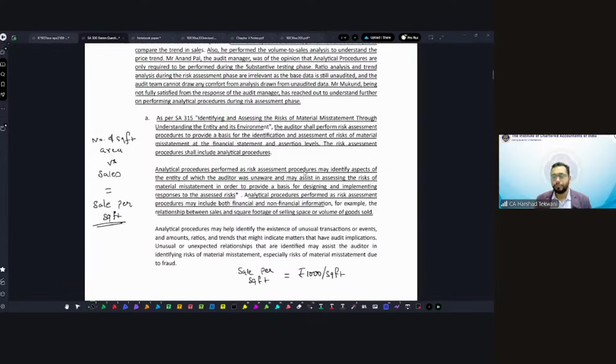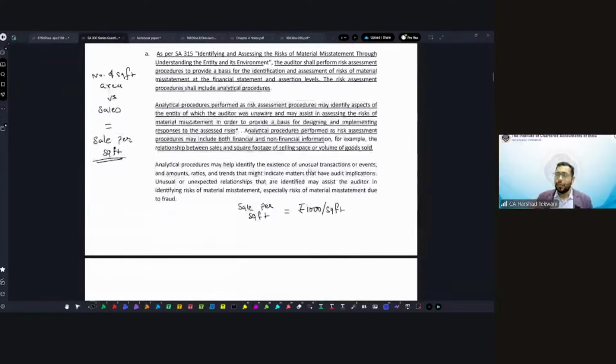Now, the number you get by performing analytics on the company you are auditing is, let's say, 300 per square feet. That means they are not utilizing the space as efficiently as other companies within the same industry.